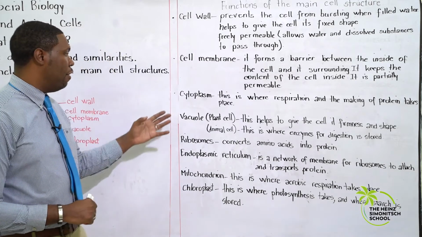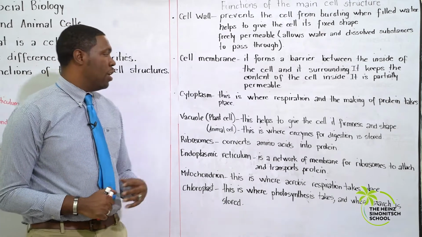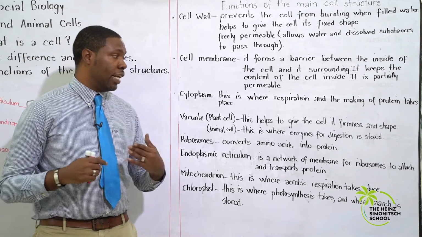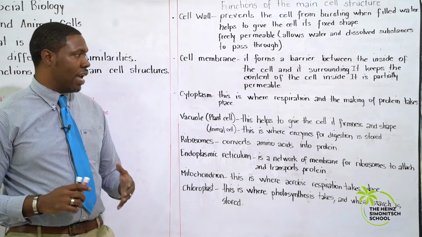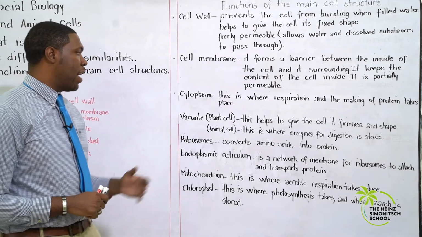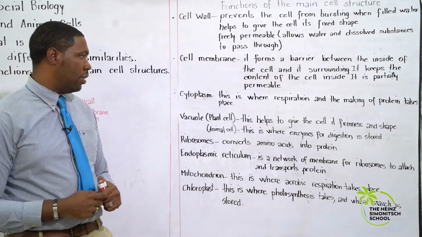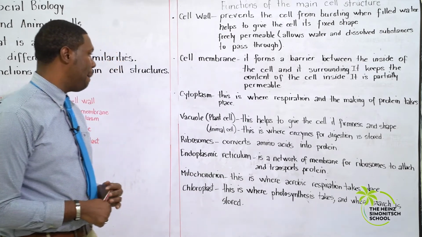Then we have the vacuole. For the plant, it helps to give the cell its firmness and its shape. In the animal cell, this is where enzymes are stored for digestion.